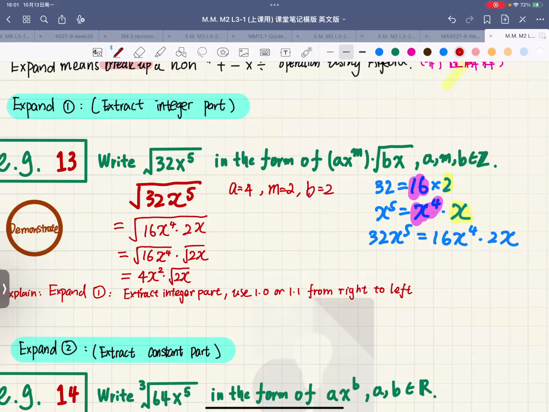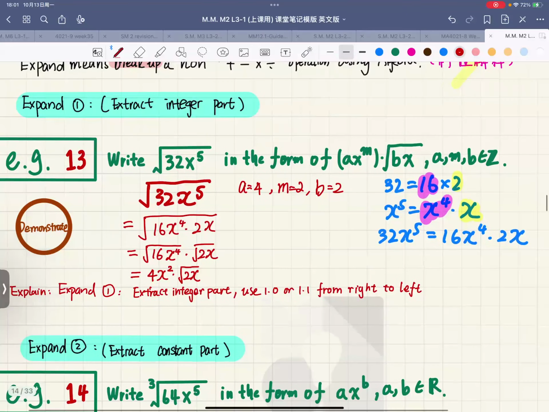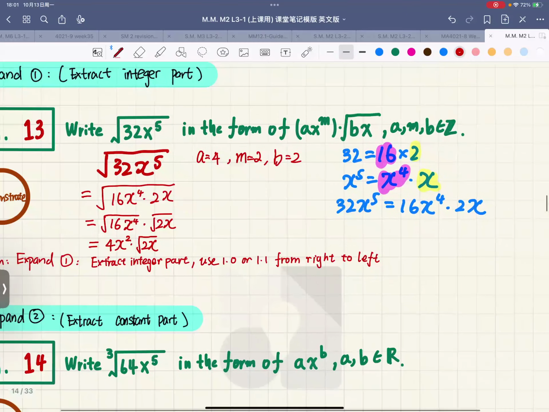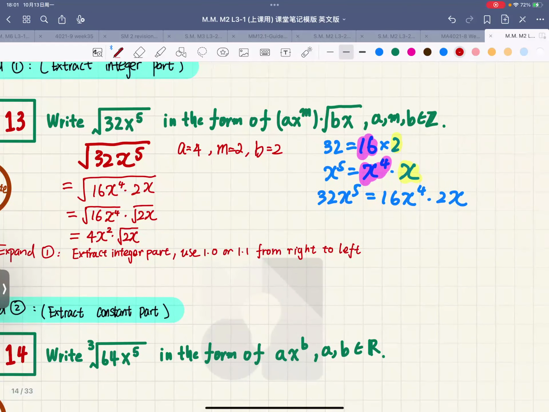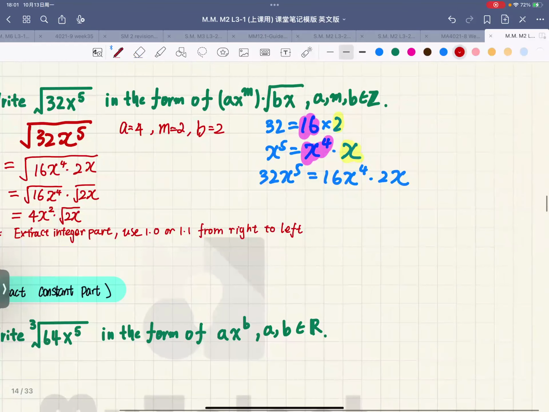All right. Again, if I give you the solution, that's definitely not hard. But think about why we want to break up 32 to 16 times 2, and why we break up x to the power of 5 equal to x to the power of 4 times x, right? We have different ways to break it up.